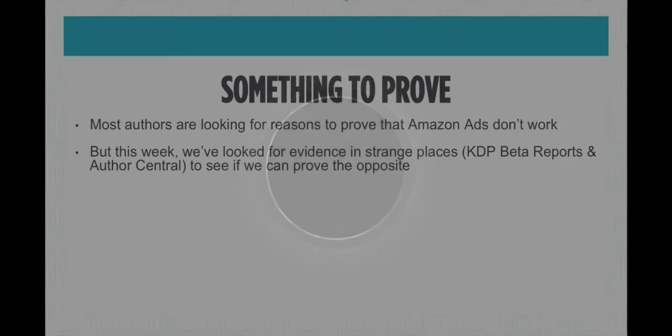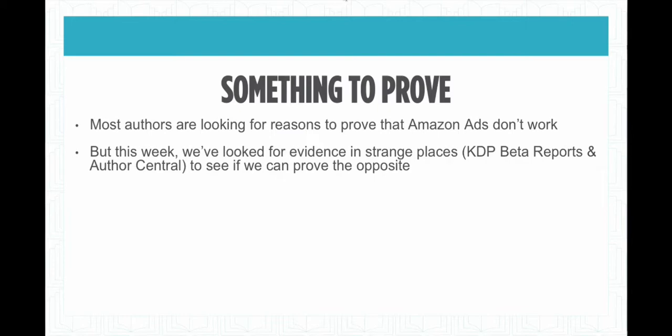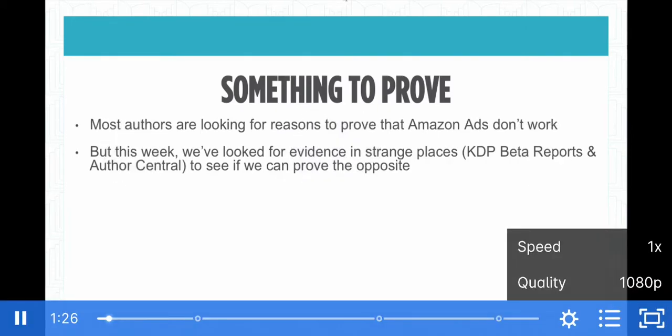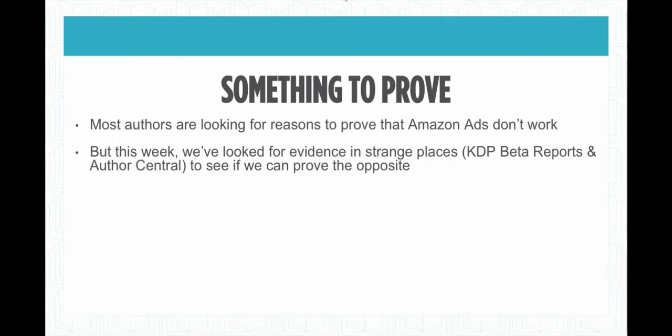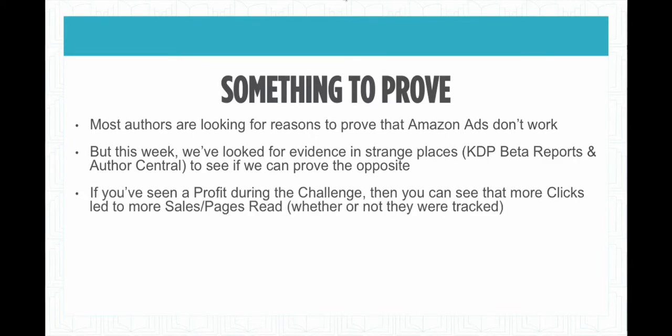They're looking at a bunch of different places. But this week, we have looked for evidence in some strange locations. The KDP Beta Reports dashboard, which some of you may have never seen or heard of, and Author Central for checking our sales rank to see if we can actually prove the opposite, to prove that they do work.